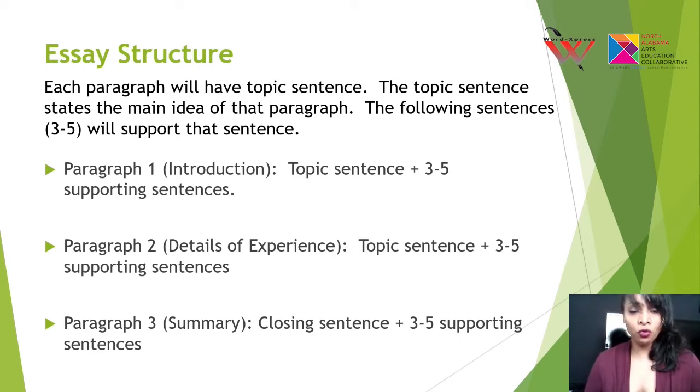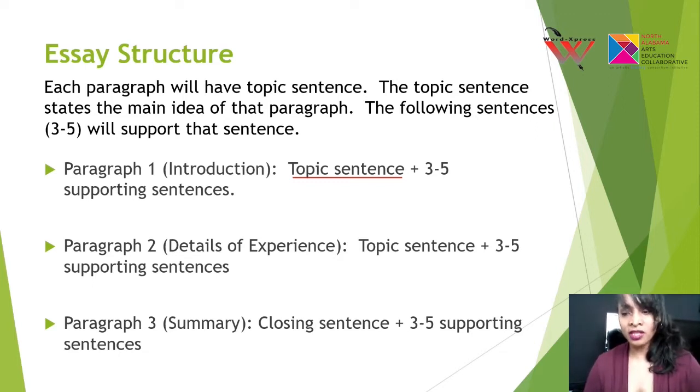Okay, so when you're writing an essay, in this case, when you have a 3-paragraph essay, each one of those paragraphs is going to have a topic sentence, okay? And then you want to have 3 to 5 supporting sentences. What do I mean by supporting sentences? Supporting sentences are going to give more information or detail about your topic sentence.